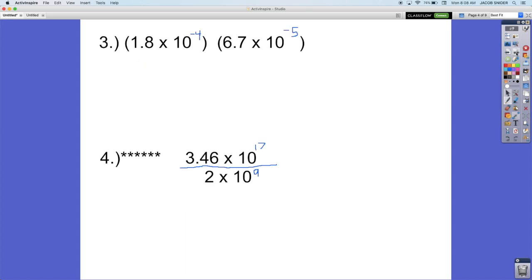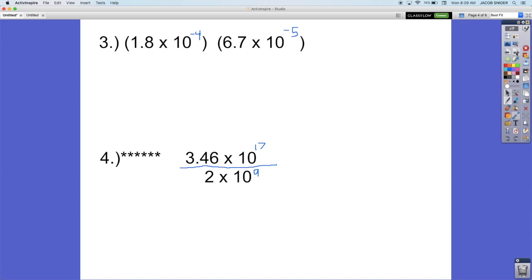All right, number 3. Okay, watch your parentheses. If I was typing it in my calculator, I would do it exactly the same way. Parentheses, 1.8 times 10 to the negative 4th. Okay? Make sure you're paying attention to where the big box is and the little box on your calculator. 6.7 times 10 to the negative 5th.